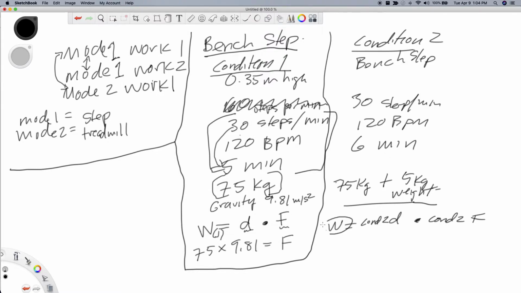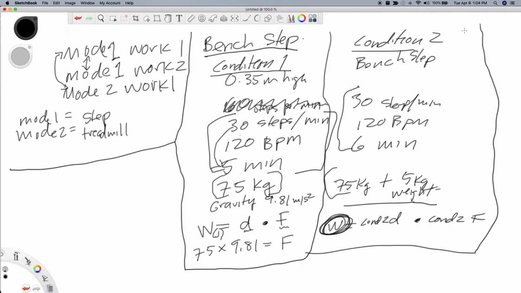Now, for both of these conditions, what you're going to want to do is measure heart rate every 30 seconds. Okay? So what we're doing now, heart rate is a physiologic parameter.